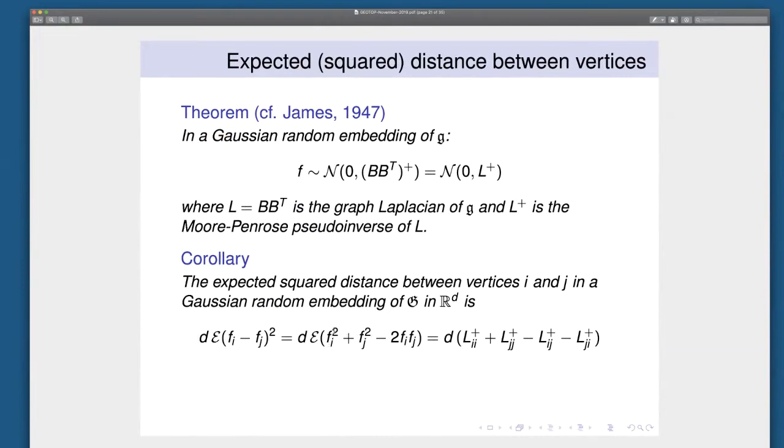But remember that these are covariances. So in particular, you can read these right off from the covariance matrix here.